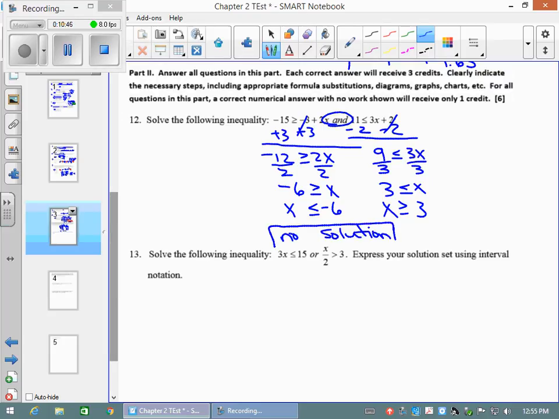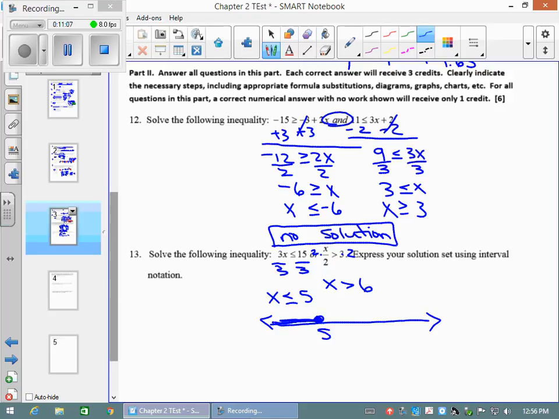Taking a look at number 13, we want to solve this inequality. So x is less than or equal to 5, or x is greater than 6. Graph these on a number line, so less than or equal to 5 means including 5 and everything below it.